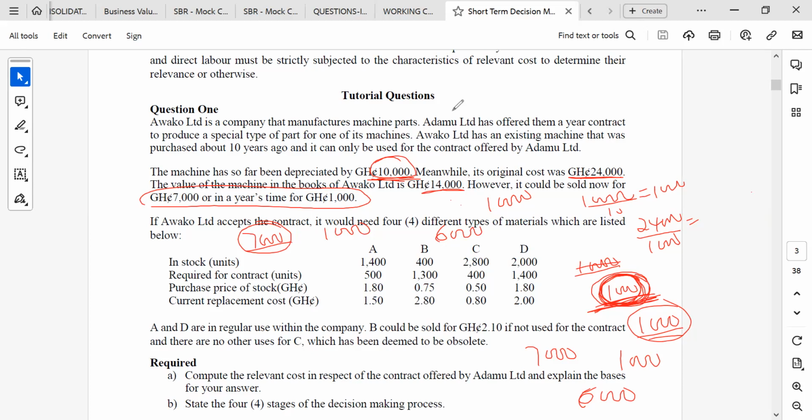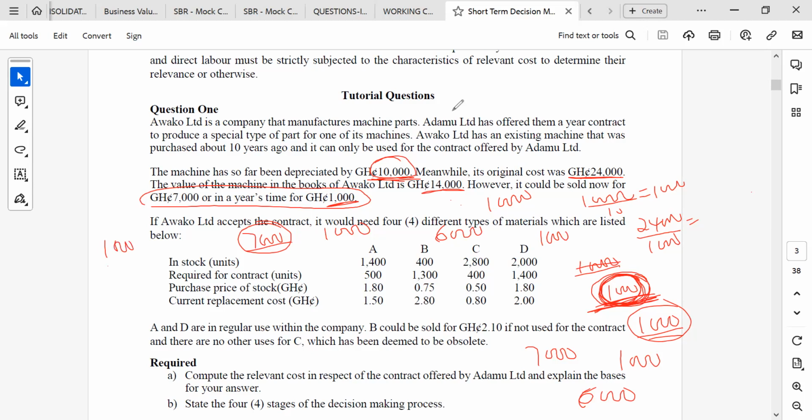But they're also saying that in a year's time, you are going to sell the machine for 1,000. The assumption is that if we decide to use the machine now, we'll be using 1,000 out of the 7,000.